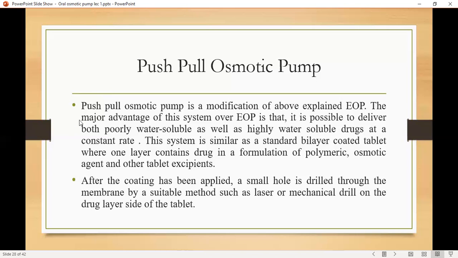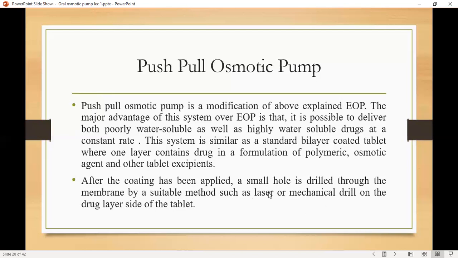The most famous process used in industrial practice for drilling is the laser drill, or you can use a mechanical drill process.